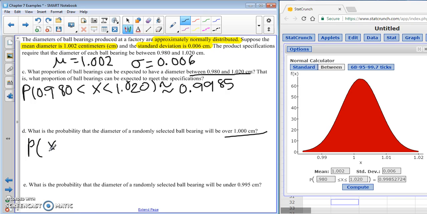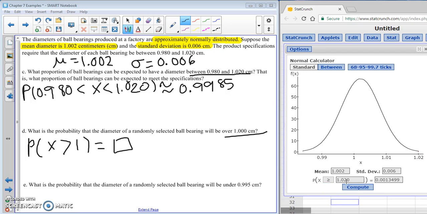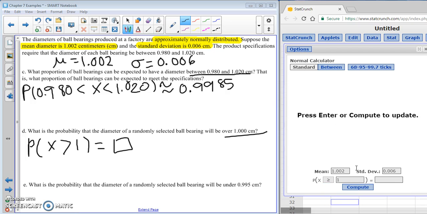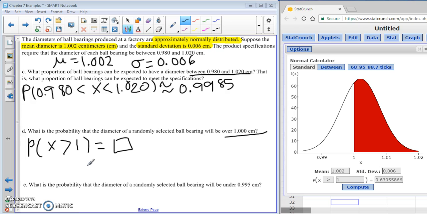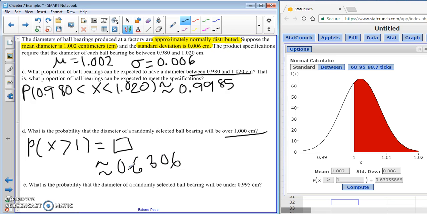Right? And we want to know now what's the probability that it will be over 1 centimeter. So this is the probability that x is greater than 1. Go back to standard, and we want greater than or equal to plain old 1. This is going to be approximately 0.6306. Now we want under 0.995.